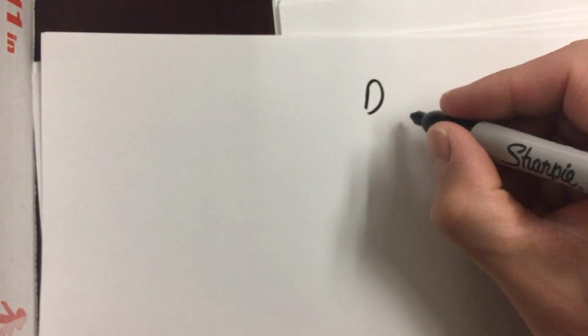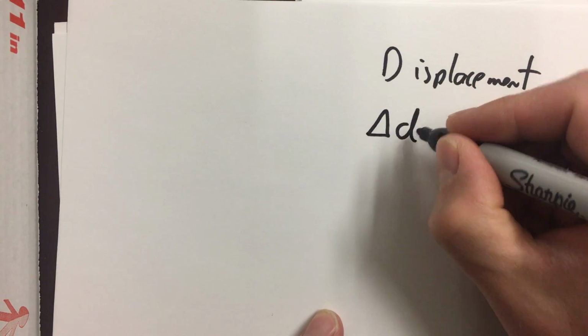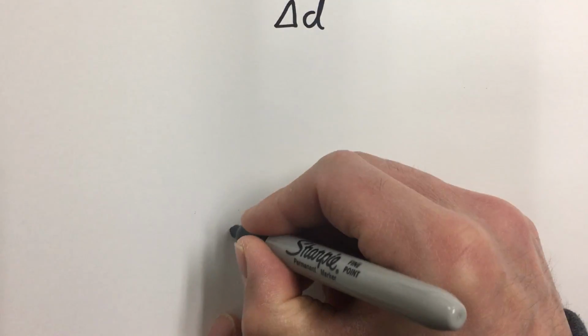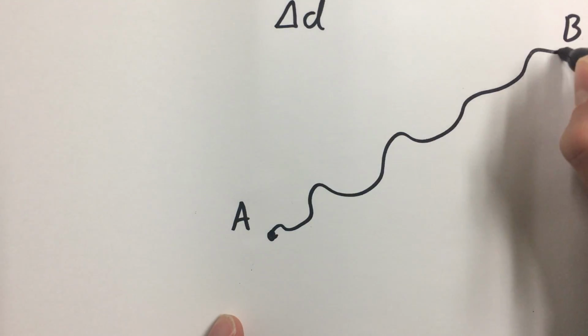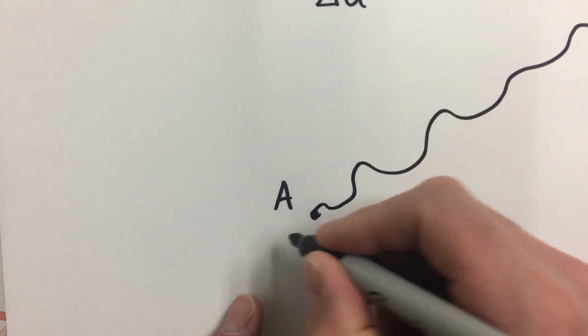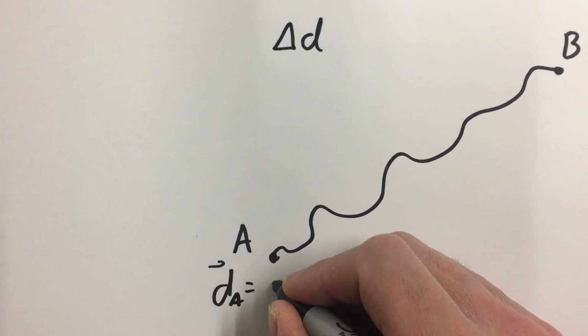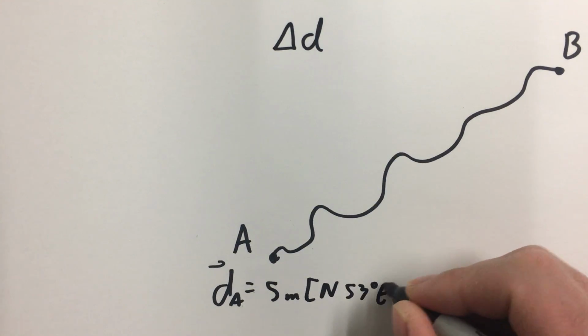So finally, what is the displacement? The symbol for displacement is delta D. That delta means a change in, and displacement is the change in position. So we're going from point A to point B. That snake went through this path. Its initial position, position A, was 5 meters north, 53 degrees east.